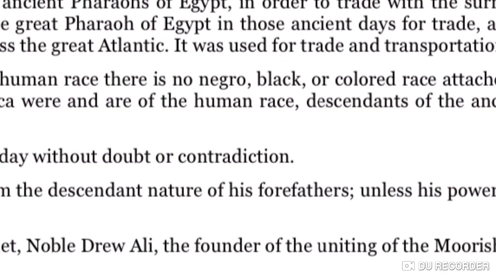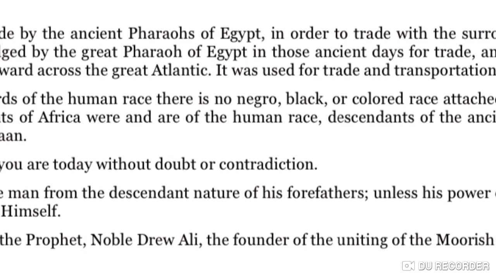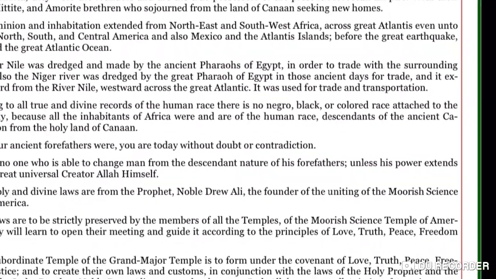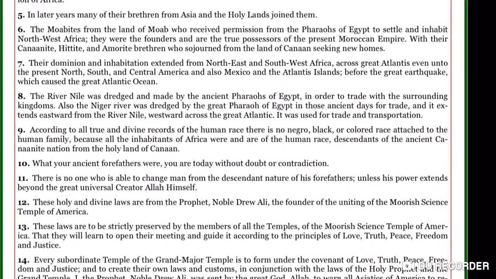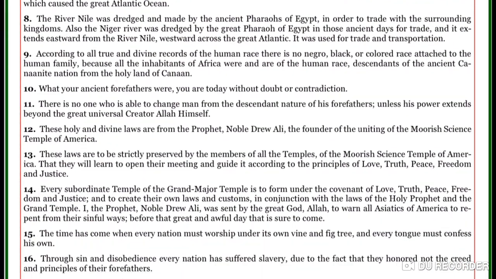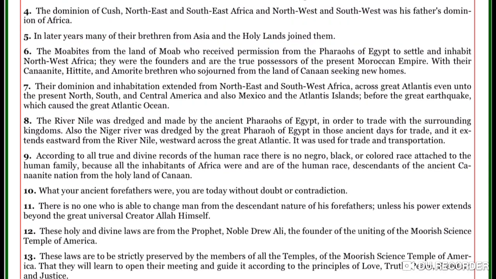Negro, Black, and Colored doesn't have any significance dealing with the human race in law, in fact, in truth, in nothing. It can't be proven as a people with history.